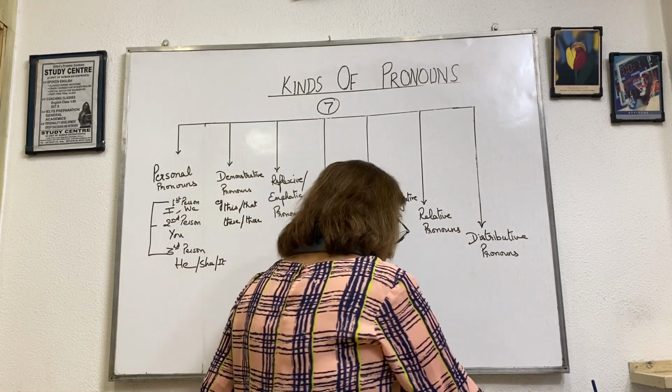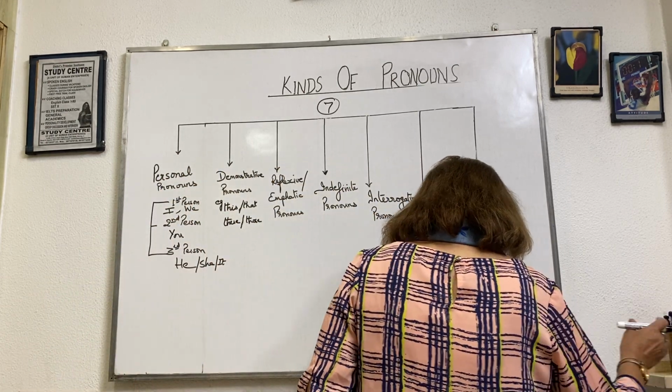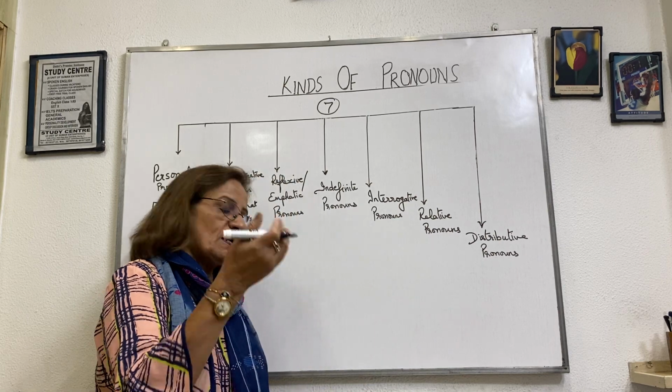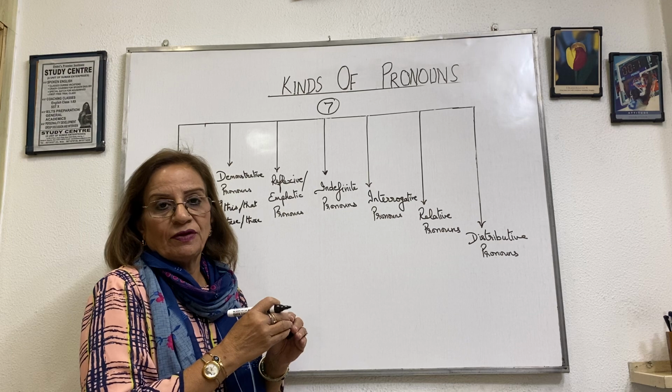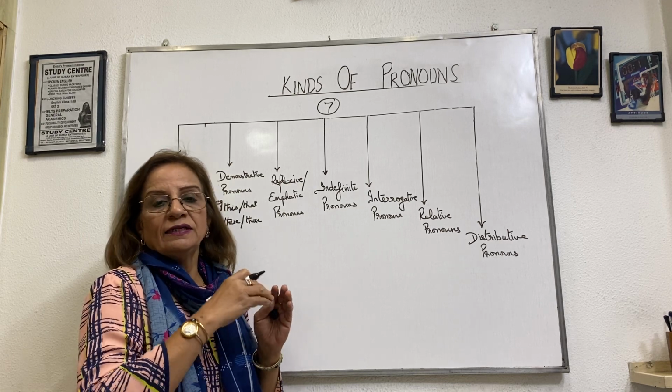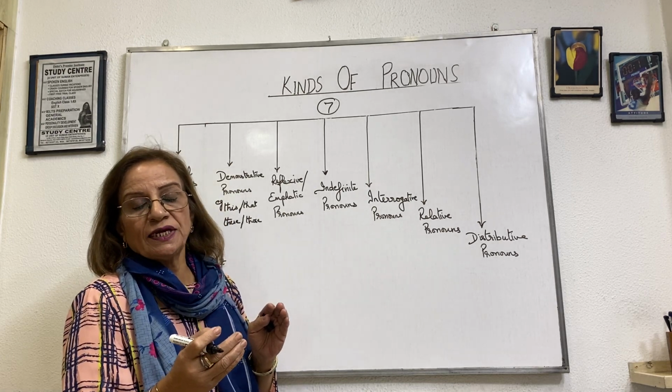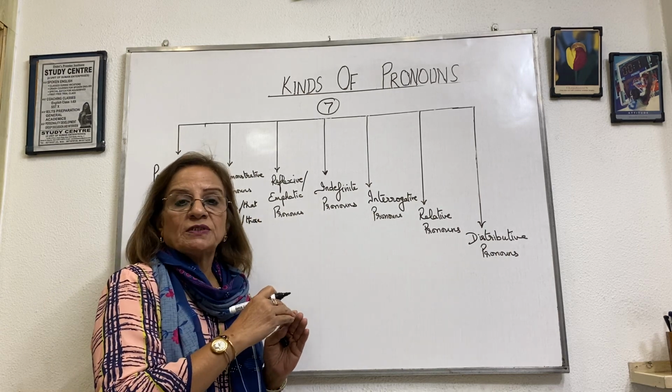Reflexive or emphatic means it turns back to the subject itself. We are emphasizing. We turn back to the subject itself. We are talking about the subject, and the reflexive pronoun which we are using is turning to the subject itself.